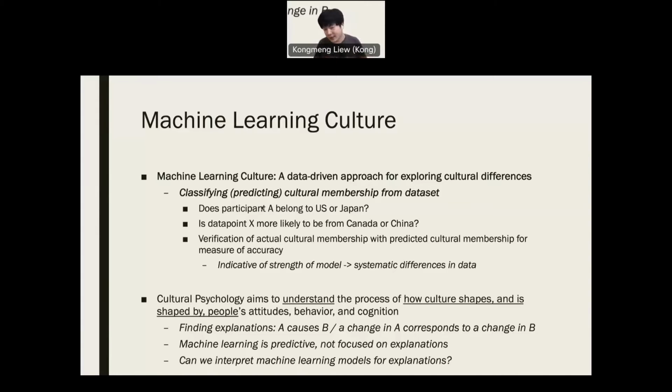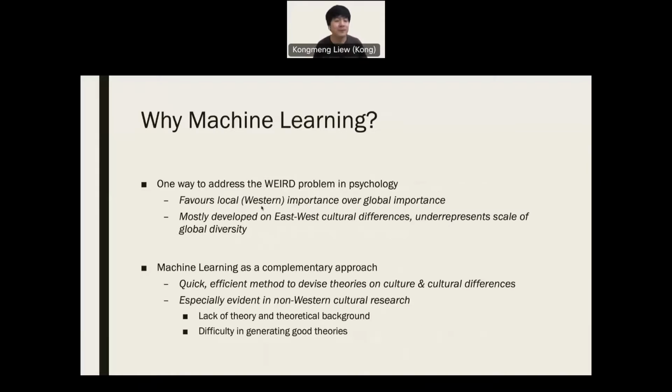But at the same time, because we're so focused on trying to understand phenomena, machine learning, which is more geared towards predictive outcomes, towards classification, towards specific tasks, can we then use machine learning and bring it back to learning about how people are different from each other? Basically, can we use a predictive task and then bring it back to understanding, to interpretation of how cultures are different from each other? The answer is yes, and I'll get to that in a little bit.